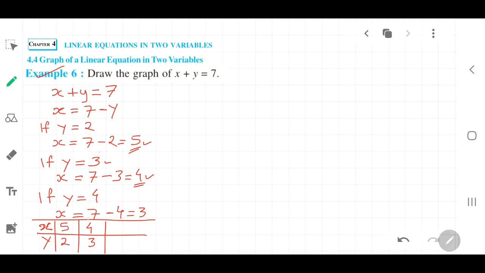And the third solution, we got x as 3 and y as 4. Correct? So in that way, we already got 3 different solutions of x and y by using this equation x plus y is equal to 7.